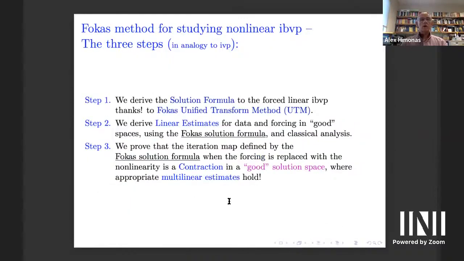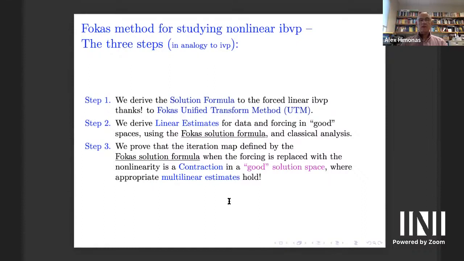Okay, so the Fokas method for studying nonlinear IBVP consists of 3 steps, in analogy with the initial value problem. The first step is solving the linear IBVP using the Fokas unified transform method, most of the time we will call it UTM.